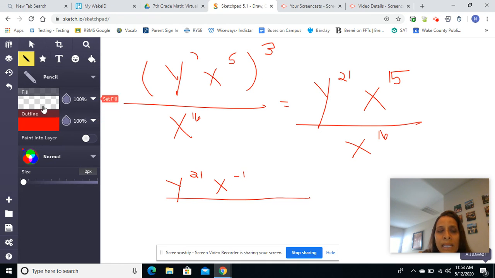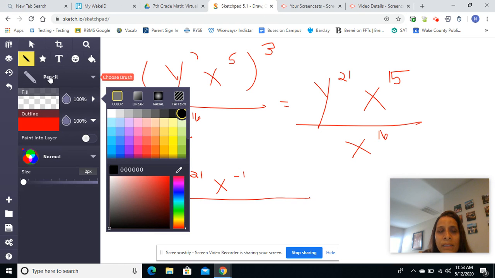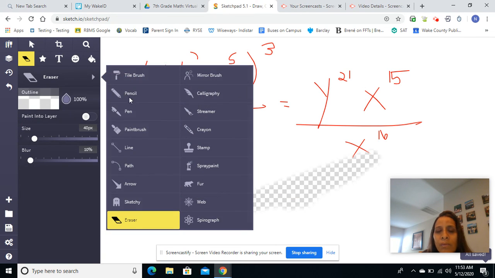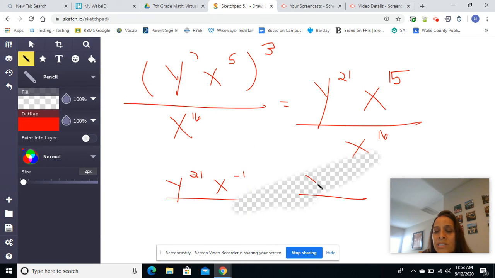But we can't leave it like that. We can't leave it as a negative 1. So what are we going to do here? Well, we're going to draw a line. That y to the 21st will stay on top, but that x to the negative 1 will go on the bottom. And so this is your final answer to that problem.